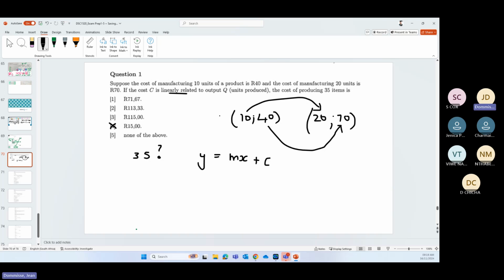And that we can do because we actually can work out the slope, because the slope is the change in y over the change in x, and we have that. So we have the 70 minus the 40, and we have the 20 minus the 10.